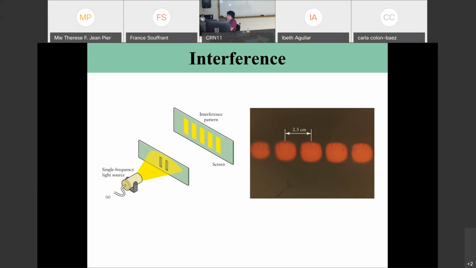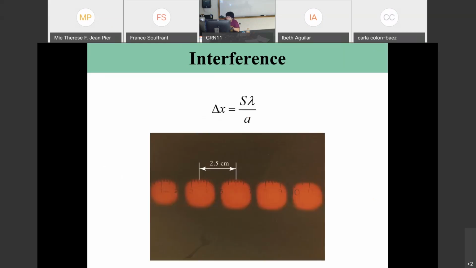The equation depends on the separation between the slits, the wavelength of light, and depending on which fringe you want to observe, you have what we know as the order. The equation looks like that. So the distance between two adjacent bright or dark areas is determined by the distance between the slits, the distance between the screen and the slits, and also the wavelength of light.